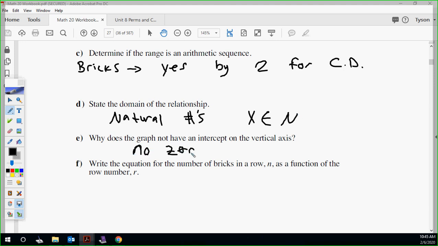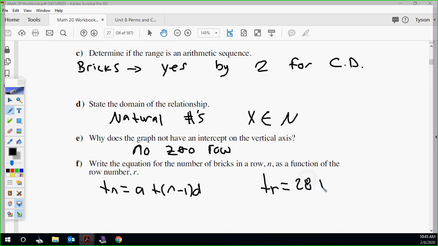Okay, good. And then write the equation for the number of bricks as a function of r. So they want you, this is writing in general again. So we're taking t sub n equals a plus n minus 1 times d again, and we're writing this with r. So r is going to replace n in this case. So t of r, so we'll say row number, is going to be, we know a in this case was 28.